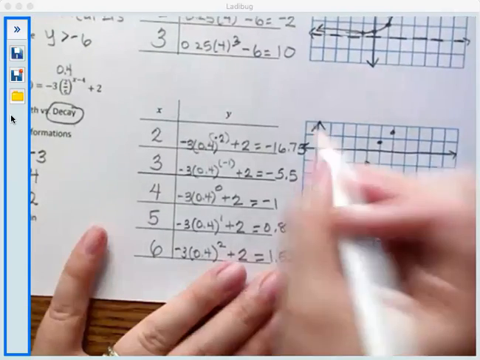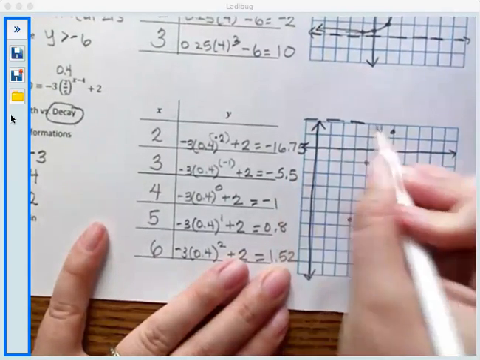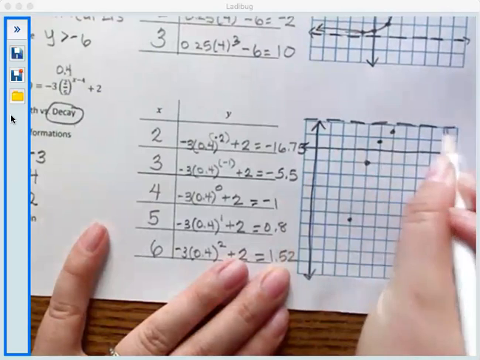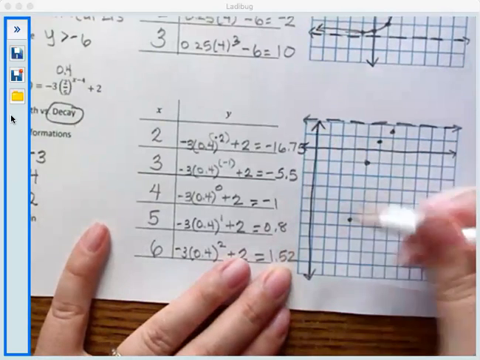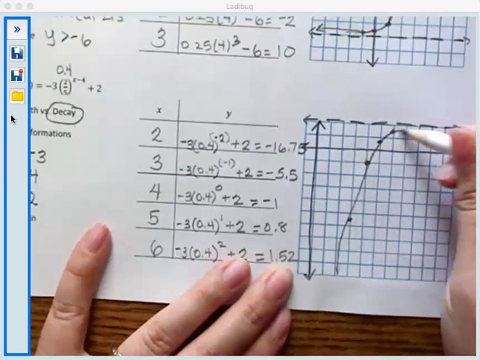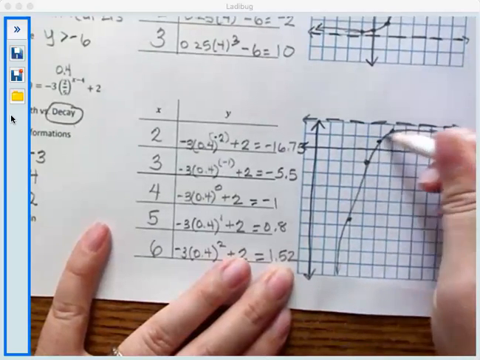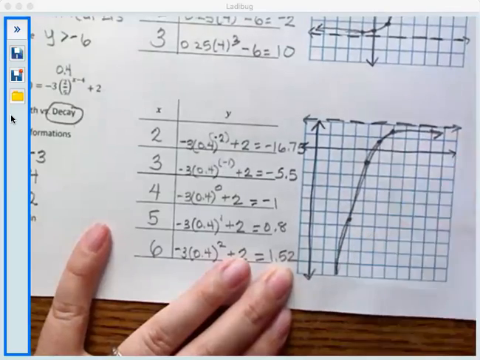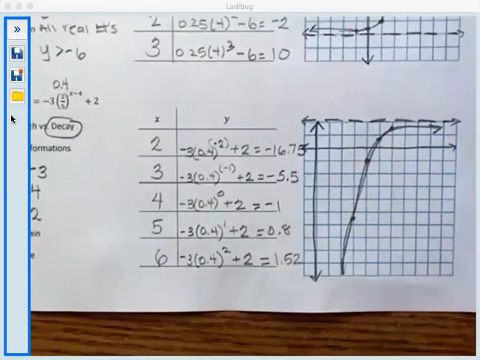Our asymptote is 2, so our graph cannot cross this line up here. We know that's going way down below, and it's going to go something like this. Okay, so that would be what our graph looks like.